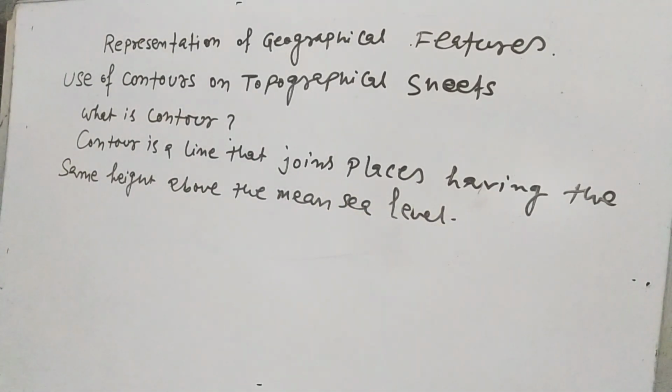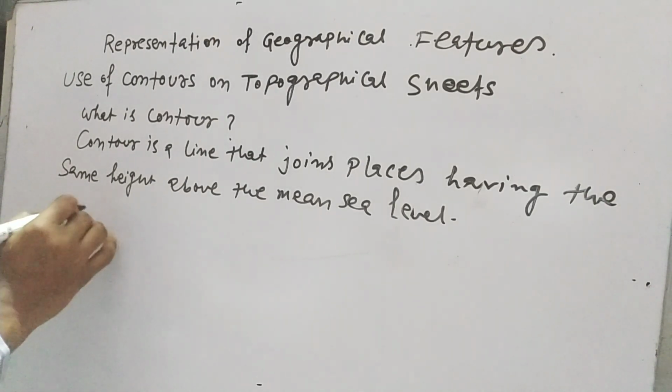These are imaginary lines joining places which have the same height above the sea level. And on topographical maps, the contour lines of a region are shown in brown color. Which color? Brown color.